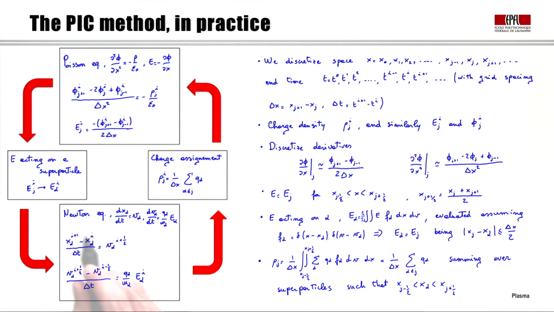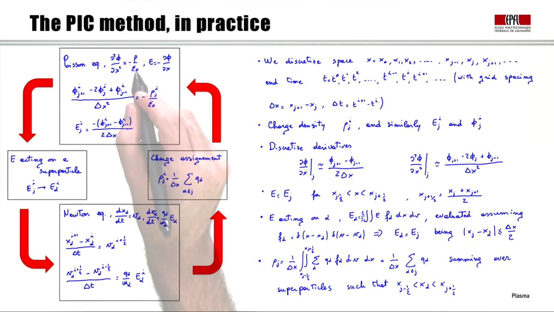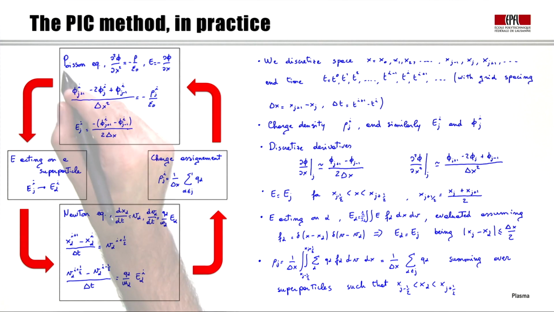And here is the Newton equation that we can solve to advance the position of the particles to the next step. Once we go to the next step in position, we can evaluate the new distribution of charges, assign the charges to the grid, and go on by evaluating the Poisson equation at the new time step, and so on.